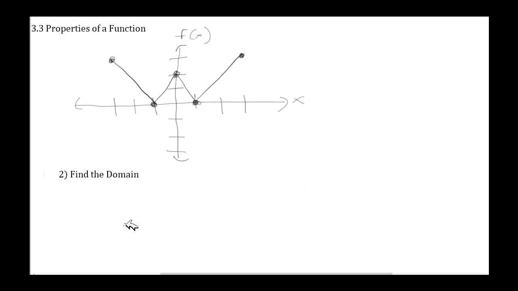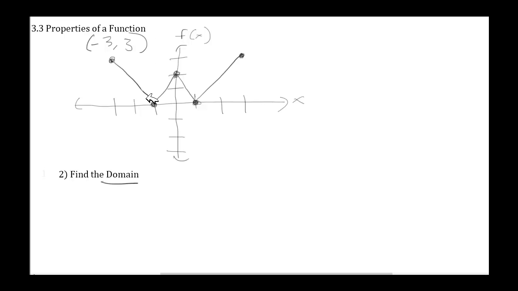Okay, now we want to find the domain of the function. Remember, the domain is all the inputs, all the x values. So when you're looking for domain, you want to look left to right, at the x-axis, so you're talking about x values. First of all, this function doesn't have arrows, so it doesn't go off to infinity. I see when it starts having x values. It's right here at -3. The coordinate at this point is (-3, 3).